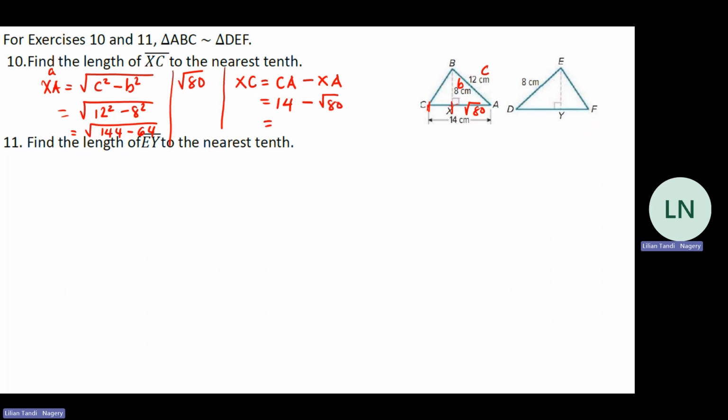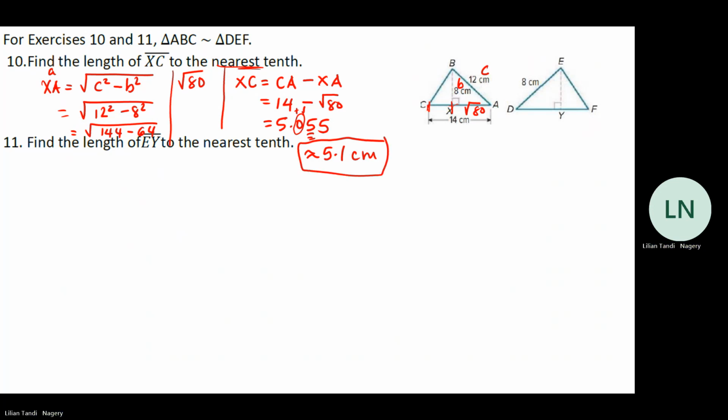So 14 minus the square root of 80 gives us 5.055. But the question told us to round to the nearest tenth. So we circle, we underline, we add. Our answer should be 5 and 1/10, and the unit is centimeter.